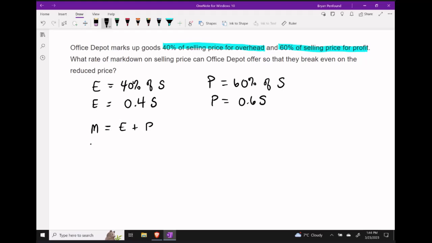So if we put these two together, we do have an expression for the markup as well.